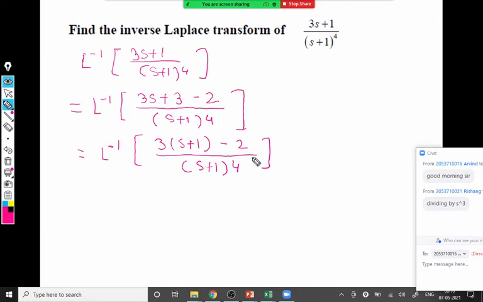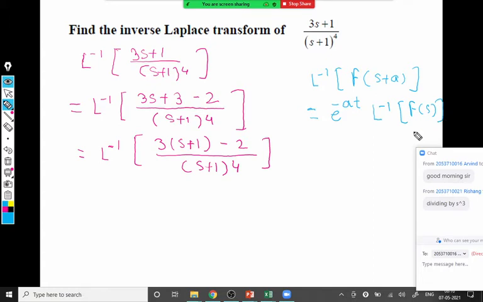Now, can you correlate with one of the properties? L inverse of f of s plus a. Remember, if we have a function of s in the form of s plus a, every s in the form of s plus a, then we can take e raised to minus at out, and we are left with L inverse of f of s.